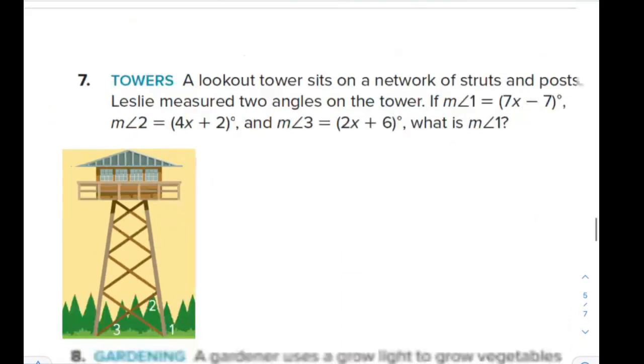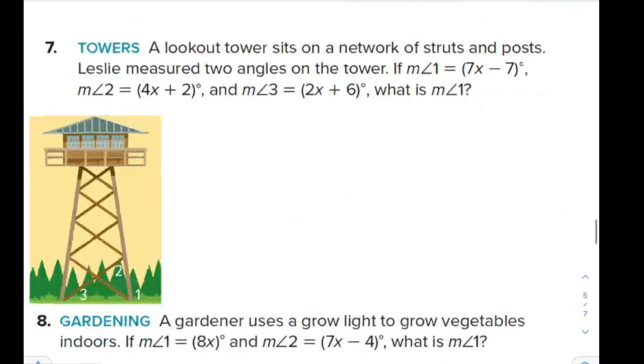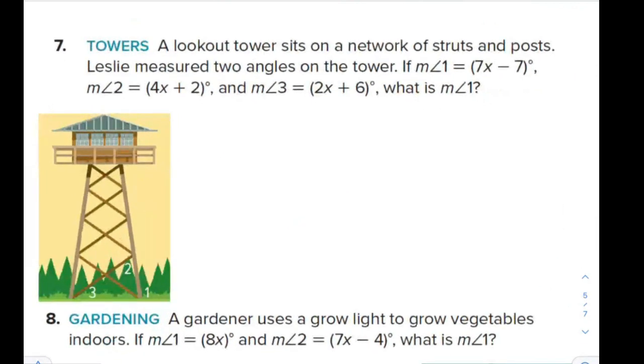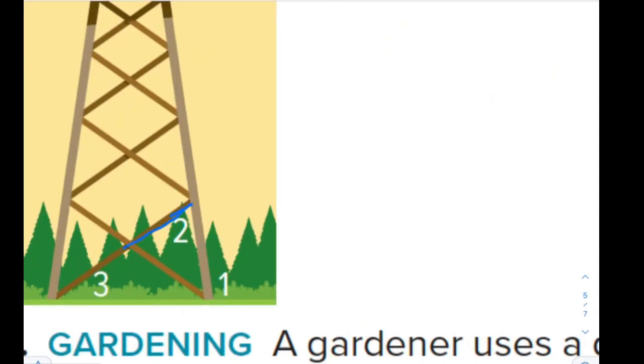Next, question 7. A lookout, a real-life application, sits on a network of steel posts, and someone measured 2 angles on the tower. If measure of angle 1 is 7x minus 7, this one, now notice, this is the triangle that we are working with. And as you see, angle 1 is exterior.